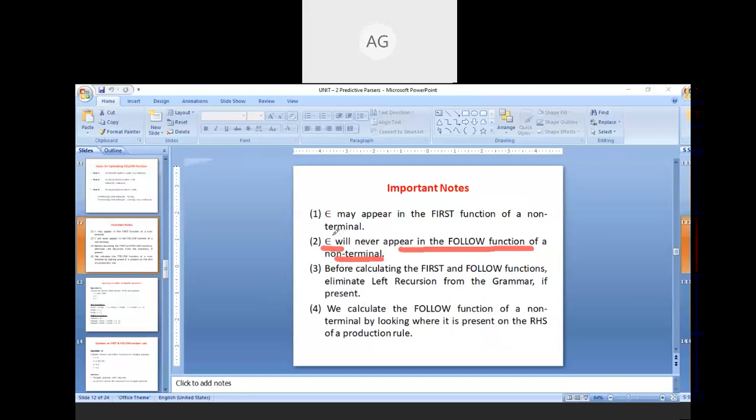In the follow, we cannot have epsilon at any cost. The second thing is this: we calculate the follow function of a non-terminal by looking where it is present on the right hand side of the production. So now we need to concentrate on the right hand side of the production for calculating the follow. And just remember, epsilon will never occur in the follow. So now we move to the question.